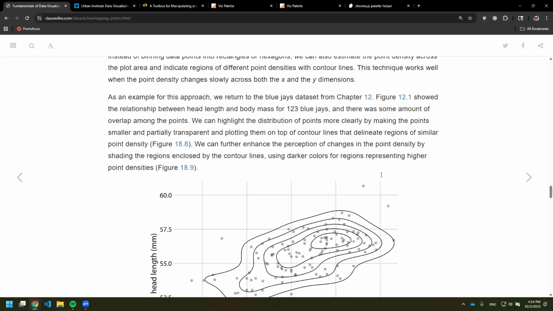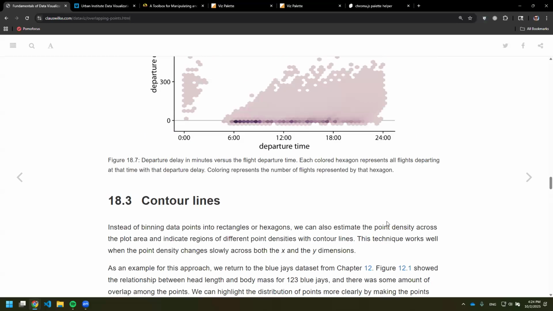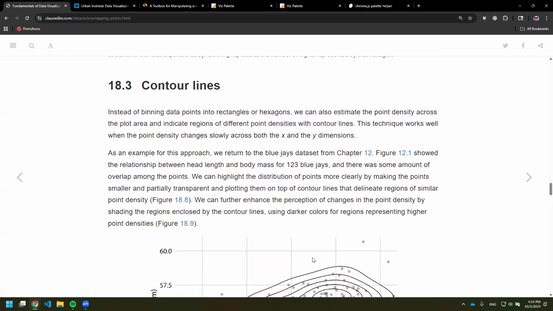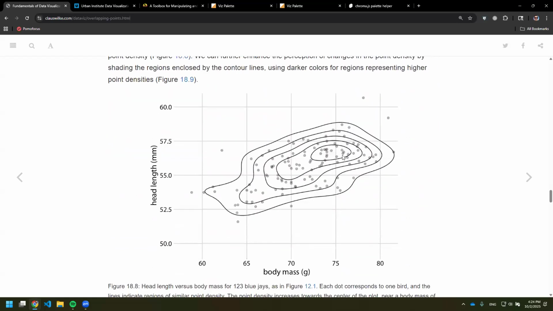But here, keeping with this idea of having a density plot, here we're using contour lines to come up with groups of where there's a certain number of points. And so here you can see that there's a large cluster of points within this circle, another kind of arbitrary grouping, and so on and so forth.